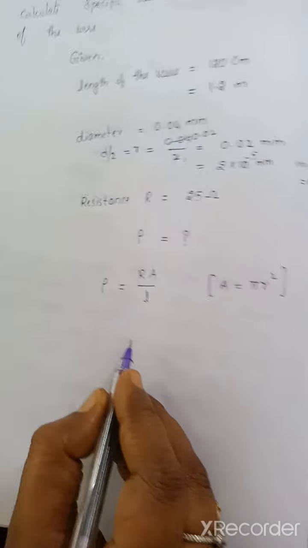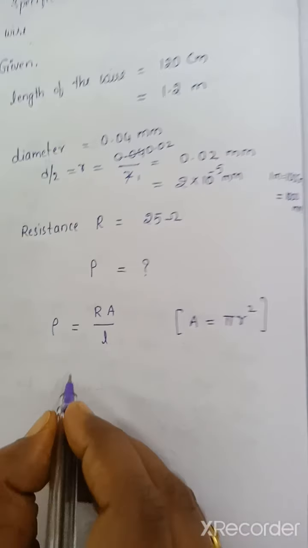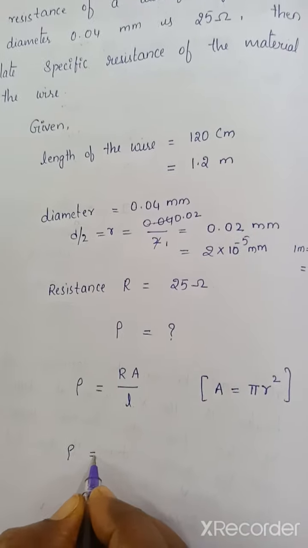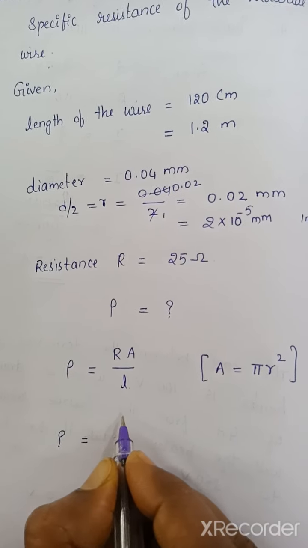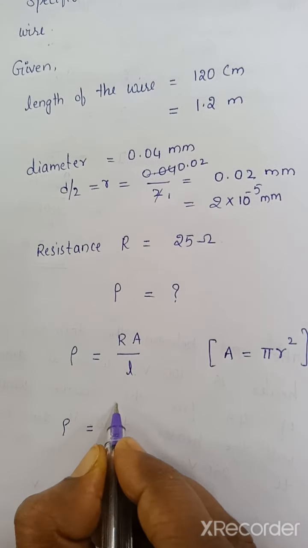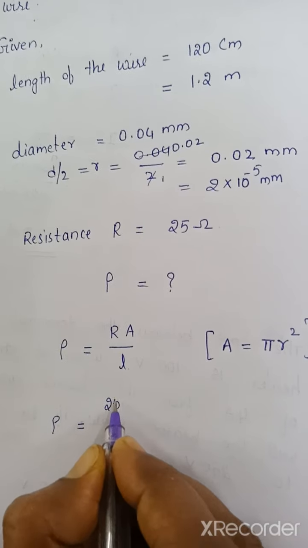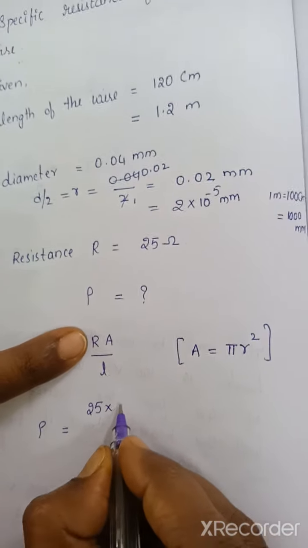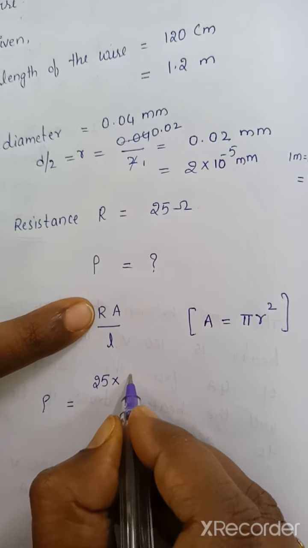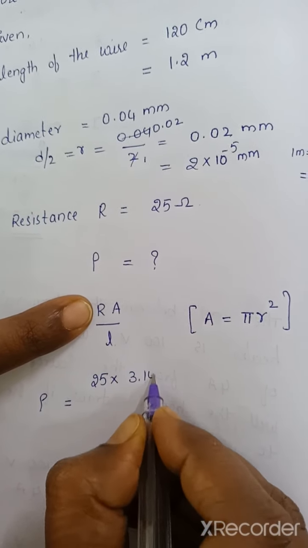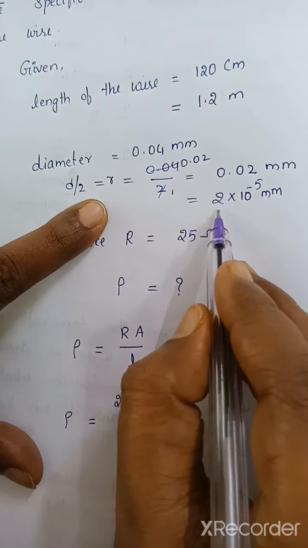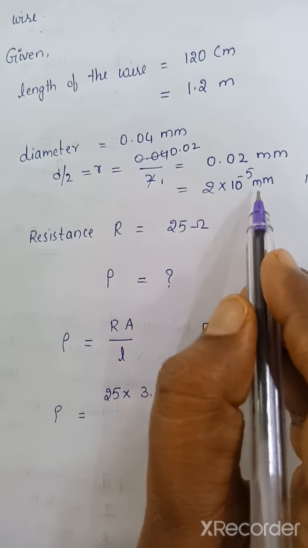Now substitute all these values in the formula to find the solution. Specific resistance rho equals, what is the resistance of the wire conductor? 25 ohm, and the area of the conductor is pi r square. Pi value is 3.14, and R value is 2 into 10 power minus 5.